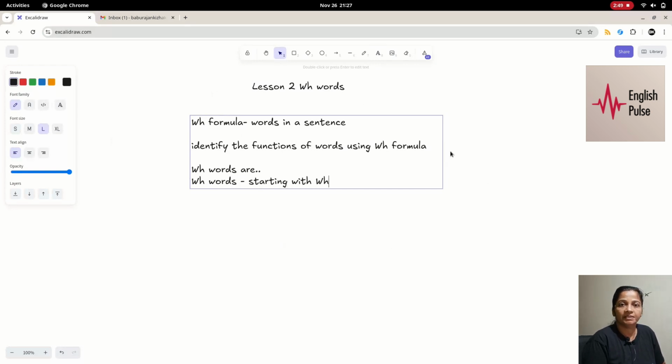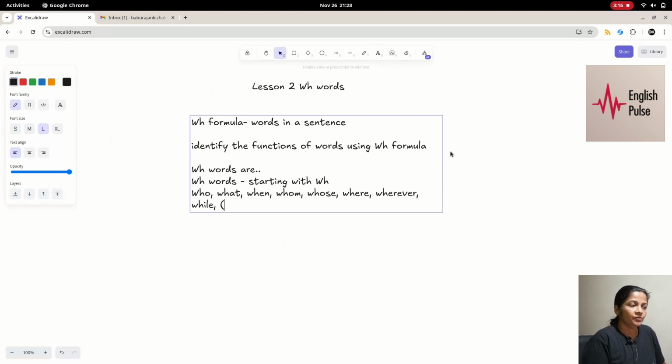with WH. Examples: who, what, when, whom, whose, where, wherever, etc. And also while, and there is one more special word which we include in this WH section, that is how.